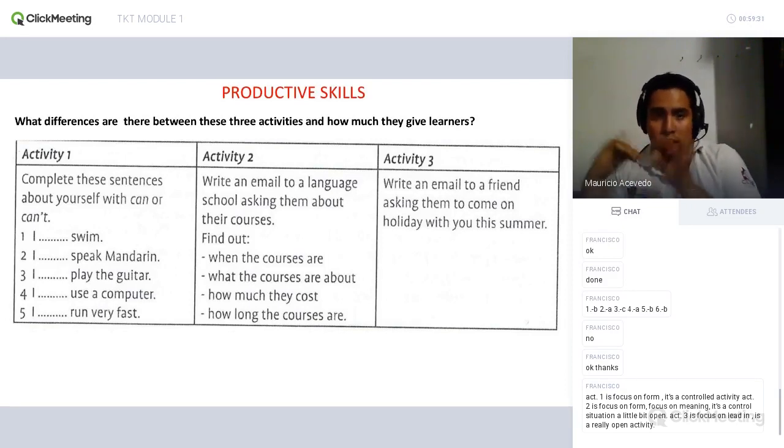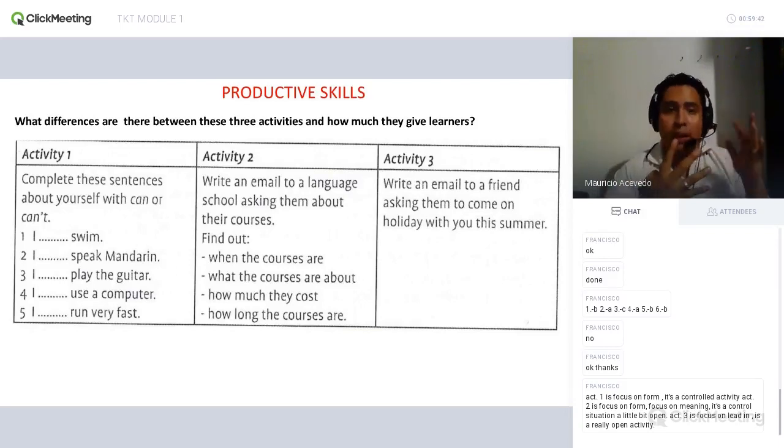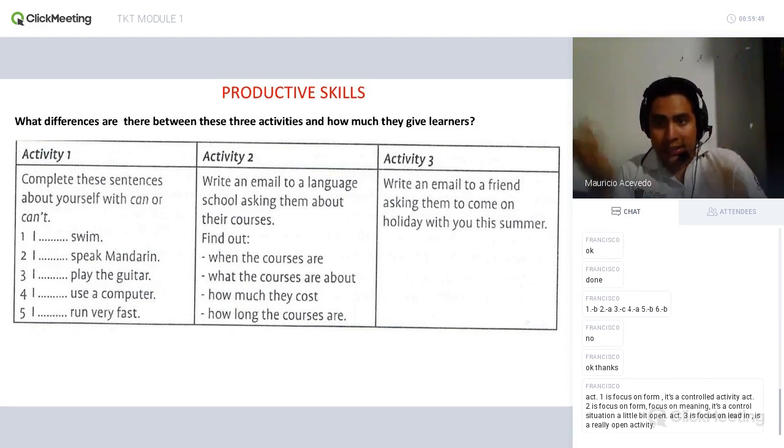What the courses are about, how much they cost, and how long the courses are. So we have four things, those are the four tasks, but you can use whatever language you want. Maybe in the first one you are making a question, maybe in the second one you just want the people to finish a phrase.